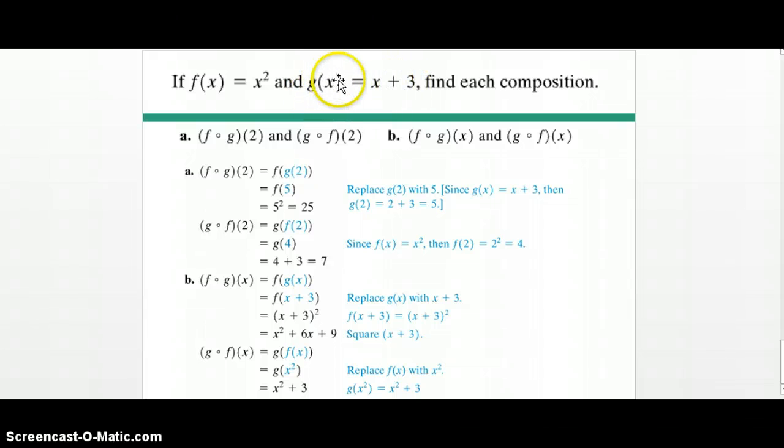So g of x equal to x plus 3. In the place of x, we have to write x square. So we'll get x square plus 3. g composition of f of x is equal to x square plus 3.